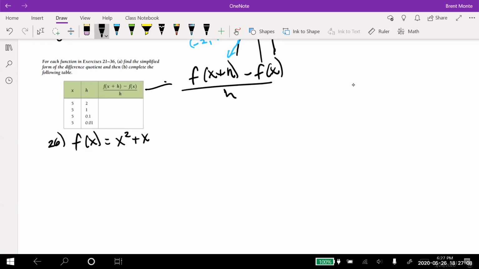The difference quotient, that's this. Well, f of x plus h means I plug in x plus h here and here. So that first piece is going to look like x plus h squared plus x plus h. That part is just the f of x plus h.